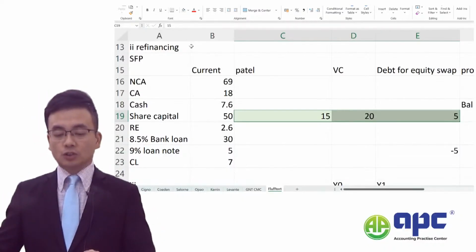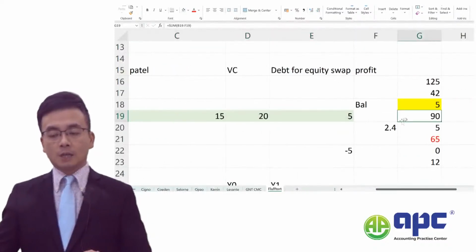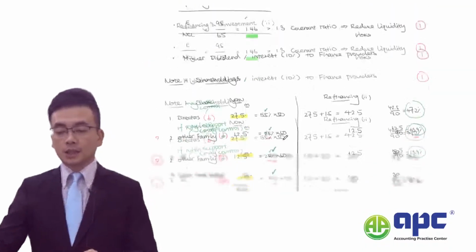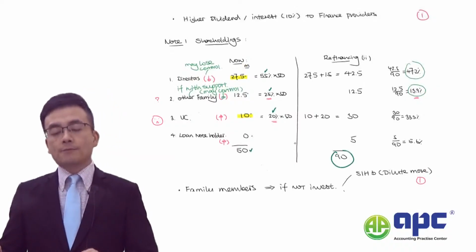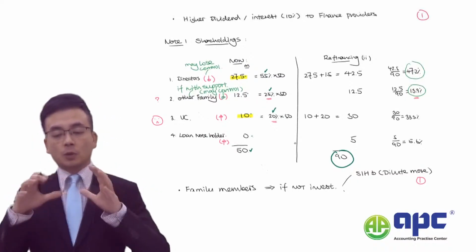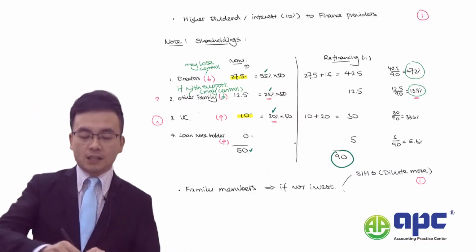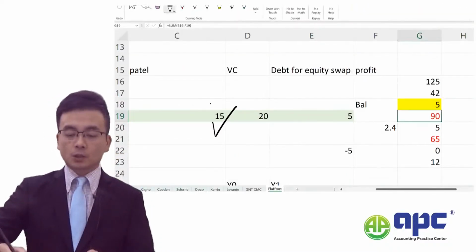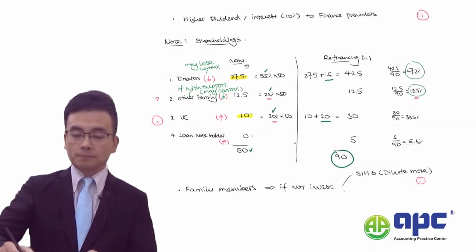So that would change the share capital from 50 up to 90. All right, up to 90. So as we can see, up to 90 here. If we were to focus on the adjustment for each of the directors in terms of examples, the directors plotting 15, as we can see as a starting point, and the VC plotting 20 and plotting 5, respectively.